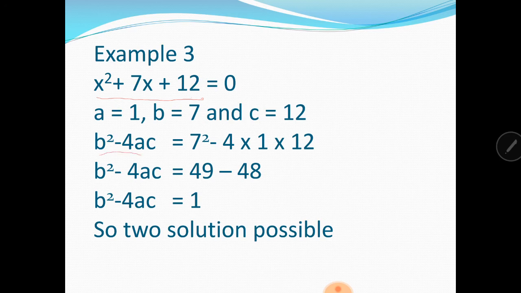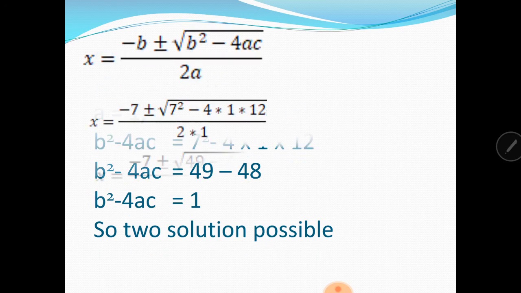So your b square minus 4ac is 7 square minus 4 into 1 into 12. So this is 49 minus 12 times 4, which is 48. So 49 minus 48 is 1. So your discriminant, or b square minus 4ac, is greater than 0. So you will have two solutions possible for this equation.